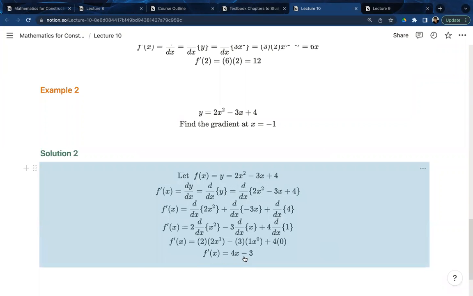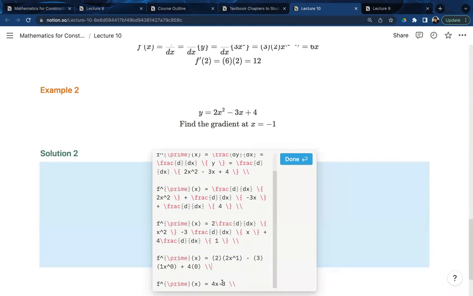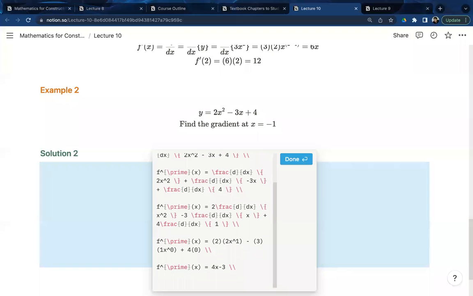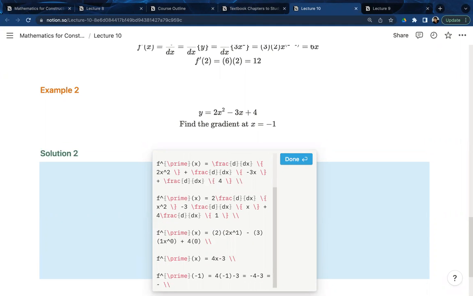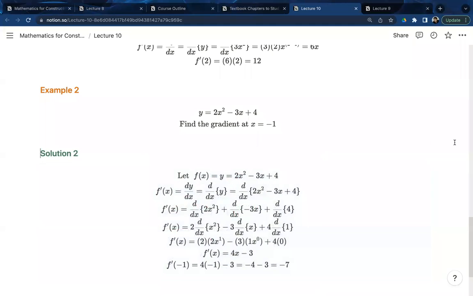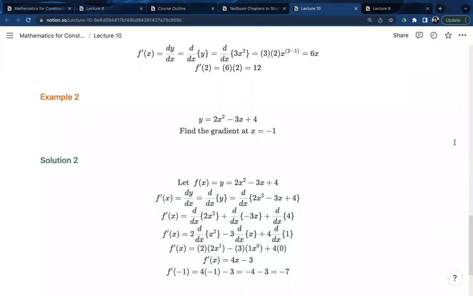So now the gradient function is 4x minus 3. I want to know what is the gradient at -1, so I have to find f prime of -1. You substitute that into the gradient function. -4, oops. And there you go, right? That's how you do a question like this.